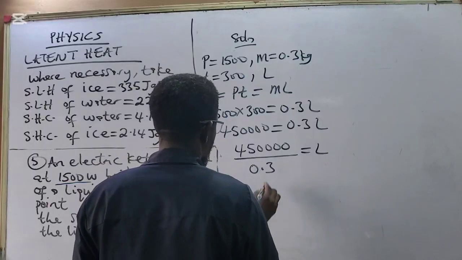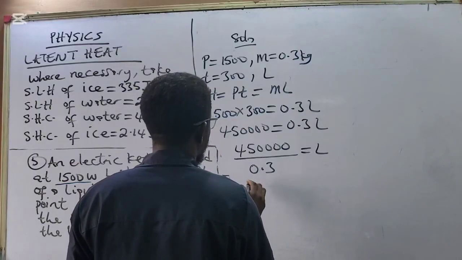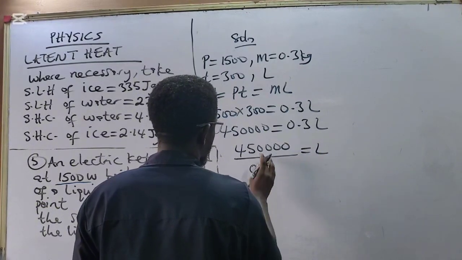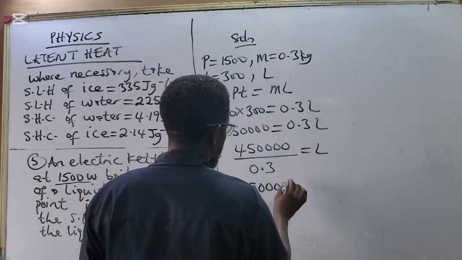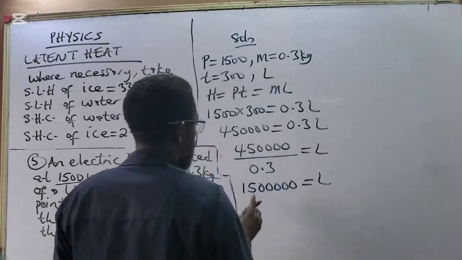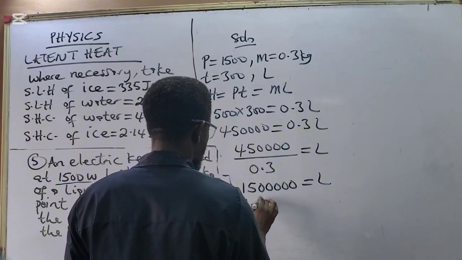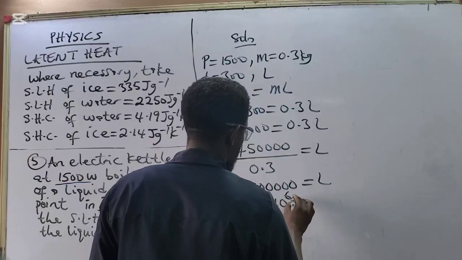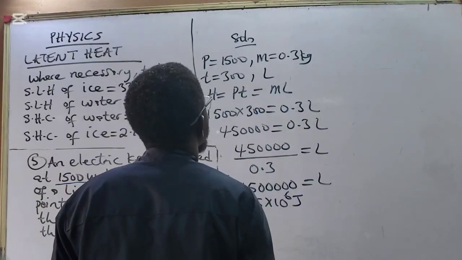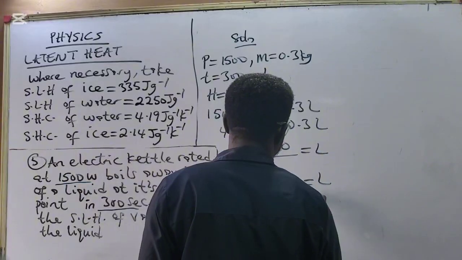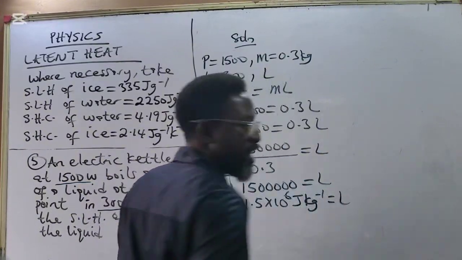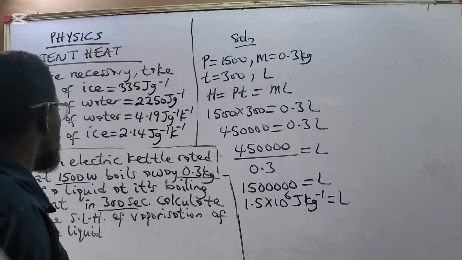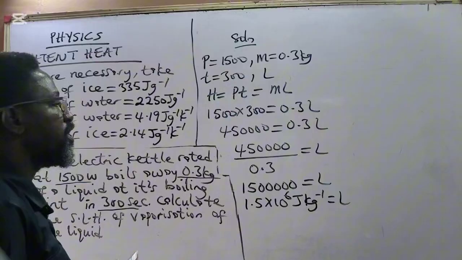So we get 1.5 times 10 to the power 6 joules per kilogram. That's the value of the latent heat of vaporization of the liquid.